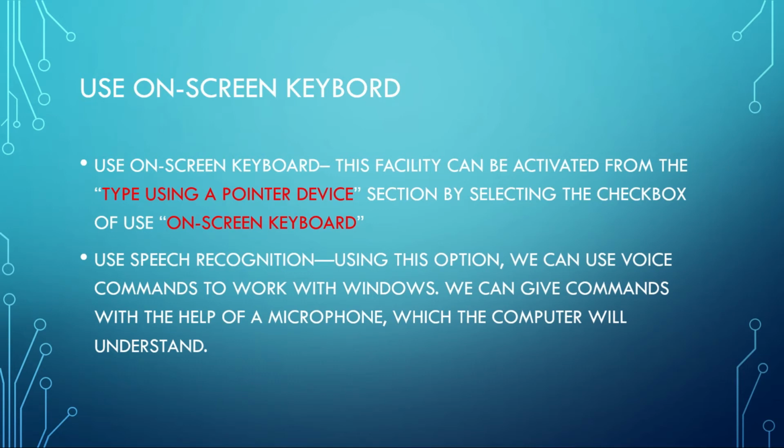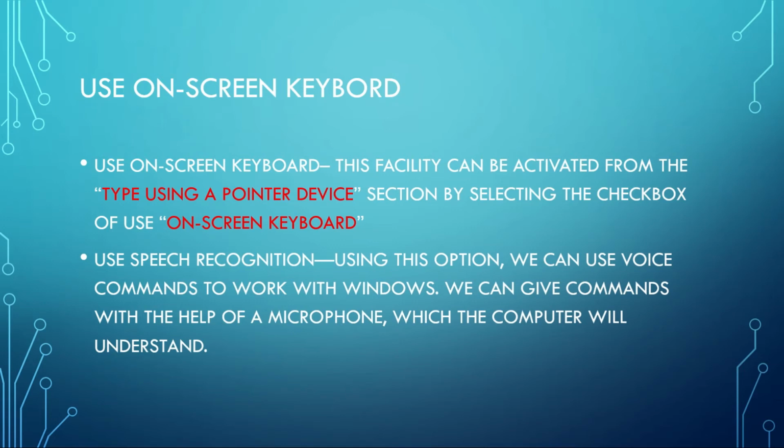That will start the on-screen keyboard. We will see it practically. Next is speech recognition. Using this option, we can use voice commands to work with Windows. We can give commands with the help of a microphone, which the computer will understand.